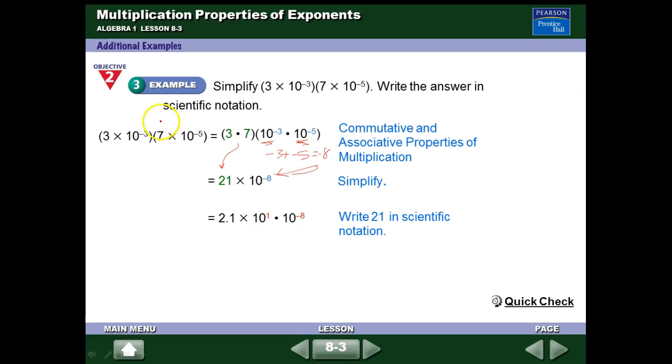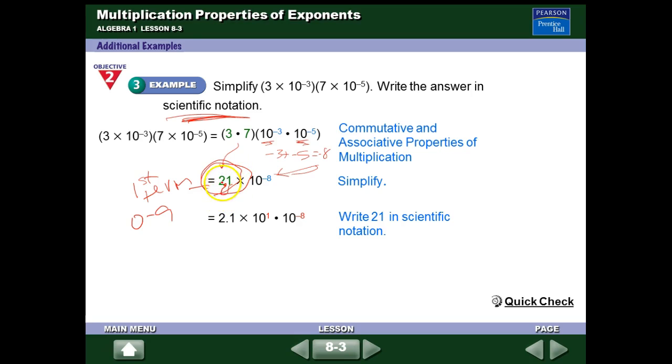Now, it asks to write in scientific notation. Remember, the first term in scientific notation needs to be between 1 and 9. Is this between 1 and 9? No, it's not. So we need to take my decimal here, and I need to move it over 1 to get in between the 2 and the 1. And this is the important step that some of you guys struggled with yesterday.